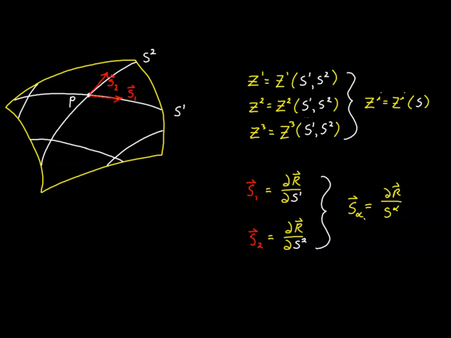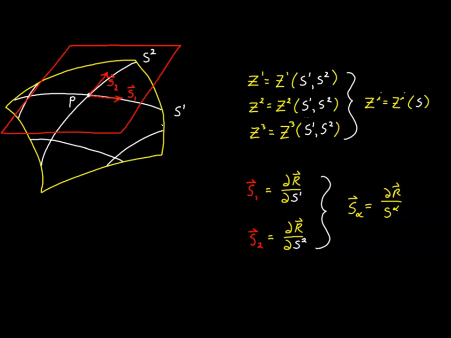Okay, now together these basis vectors, S alpha vectors, both of which are tangent to their corresponding coordinate lines here, will define for us what we have seen in the past video as the tangent plane.